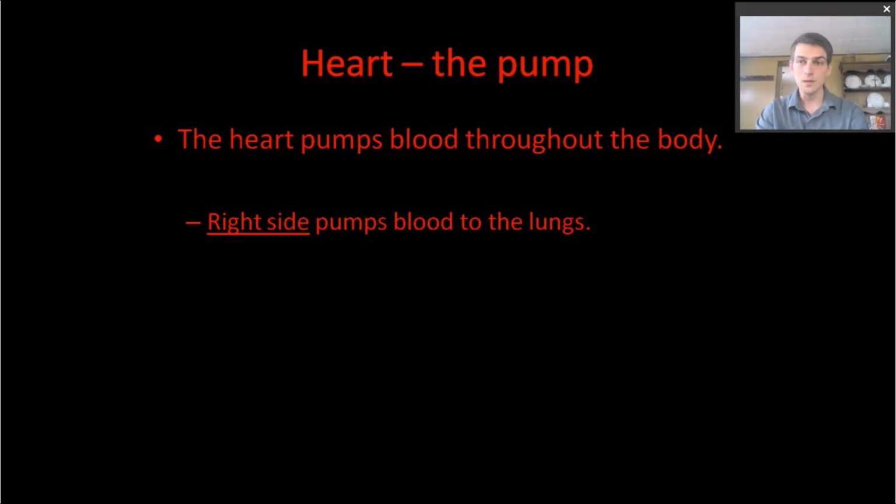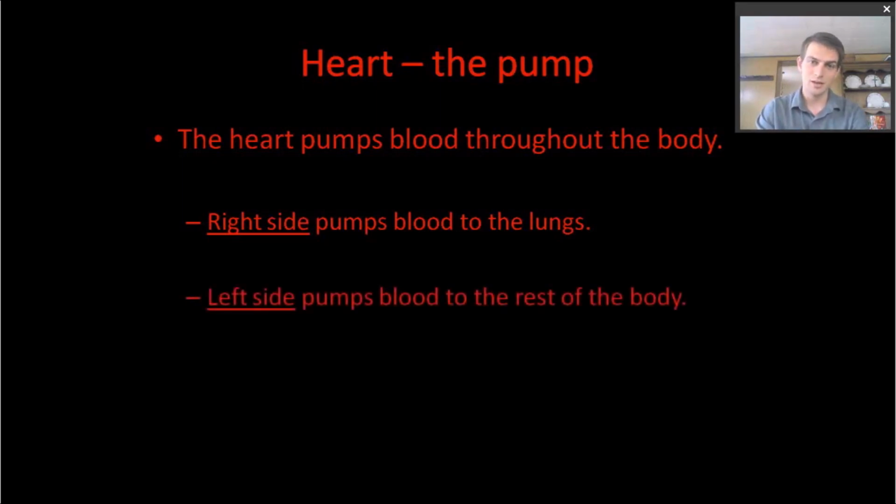And then after it goes to the lungs, it returns to your heart and goes to the left side of your heart. And from the left side, your heart will pump it to the rest of the body. So the right side pumps blood to the lungs, and the left side of the heart pumps blood to the rest of the body.